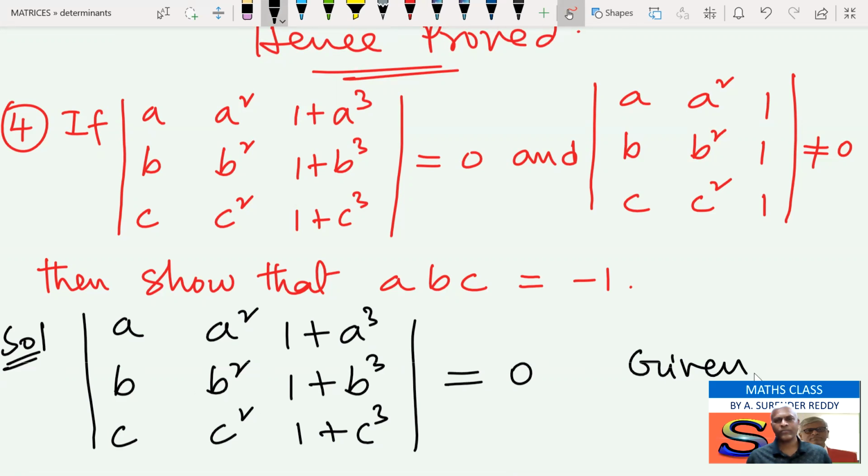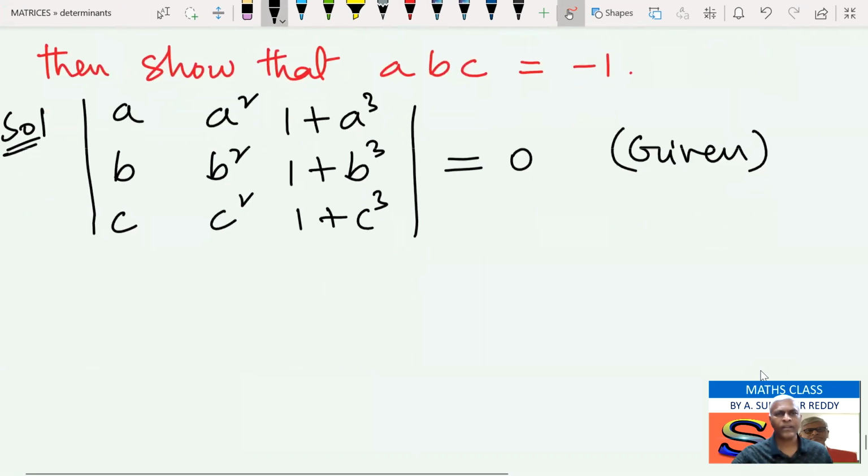This is the given condition. Now, splitting the left side into two matrices. This is already explained in the properties of determinants. We can split it into two determinants, A, A square, 1; B, B square, 1; C, C square, 1.